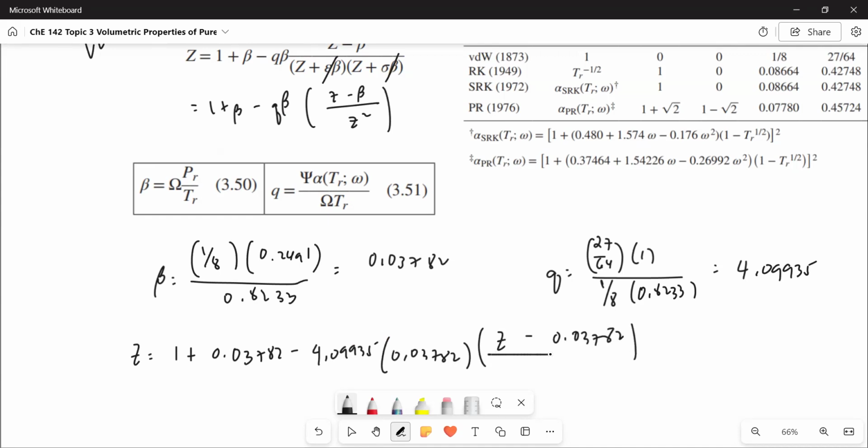Or in the calculator, you can use the store function, over z squared.